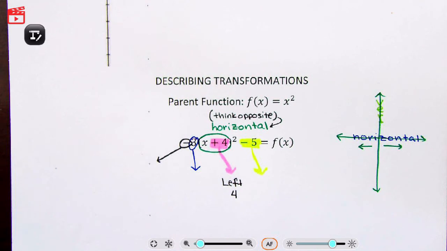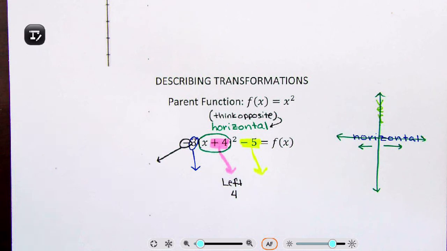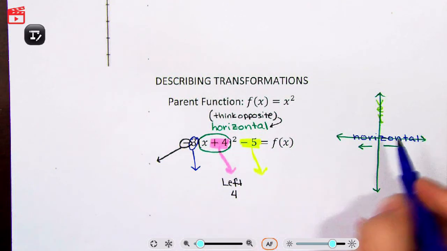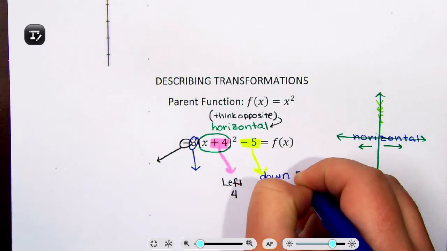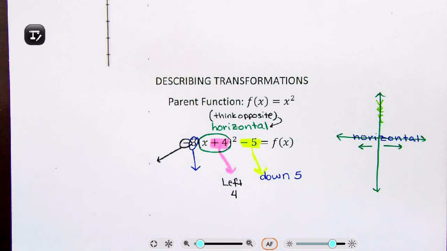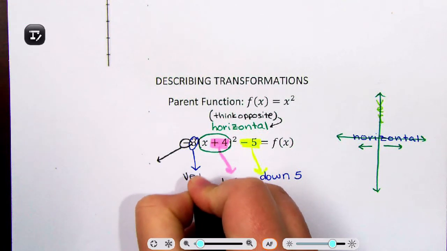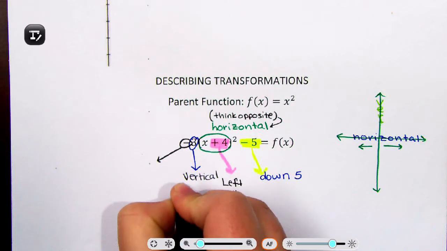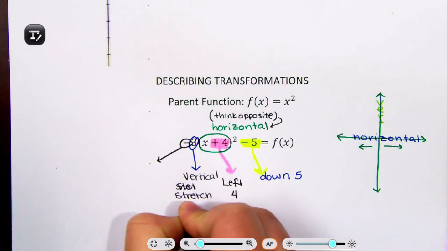Now everything outside of this horizontal bubble, this inside function, you do exactly what it says. So if you see a -5, that's vertical, so you're going down 5. This 3 that you are multiplying, when you multiply numbers they get bigger, so that means you have a vertical stretch by 3.